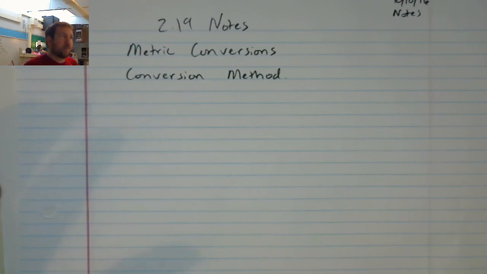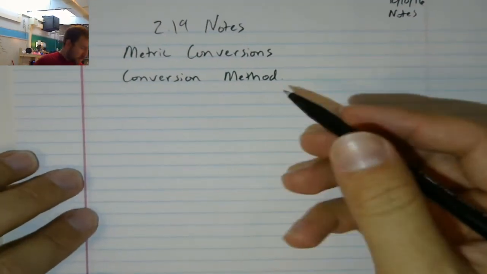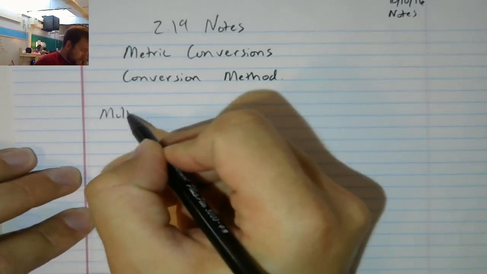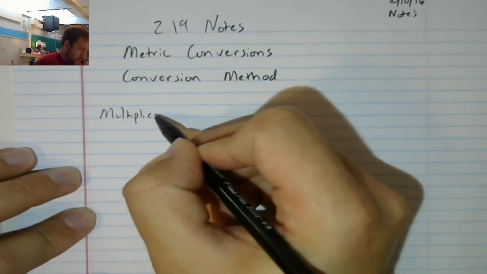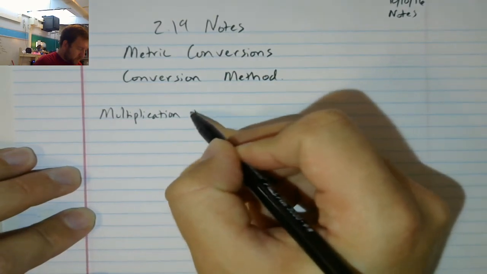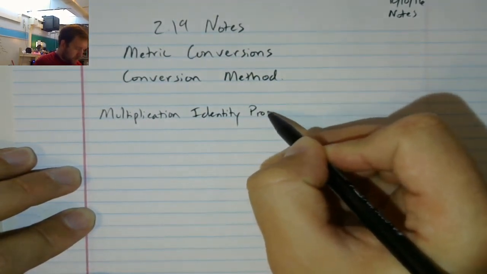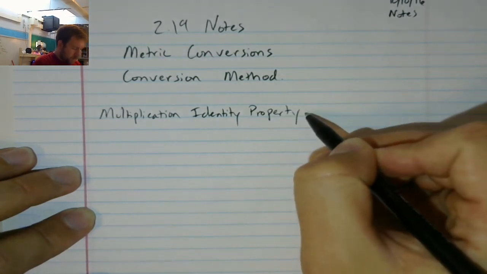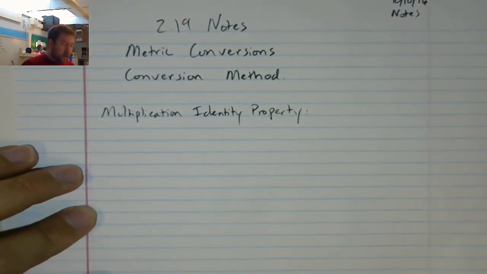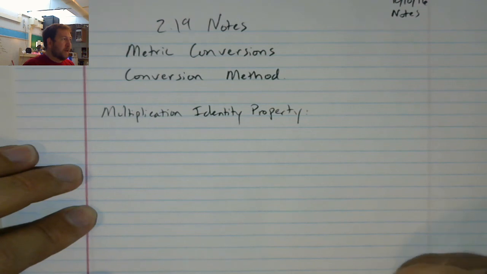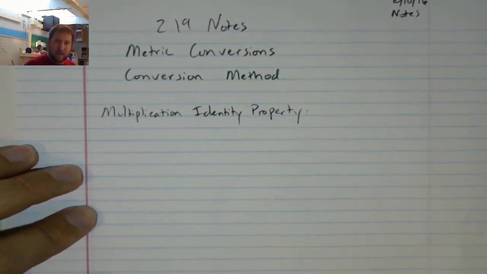I'm going to use the property of multiplication, the multiplication identity property. If you recall, this one just says that any number times 1 is still the same number.